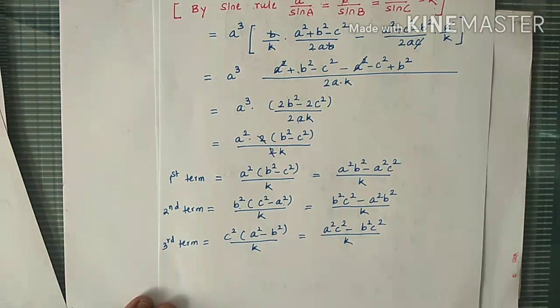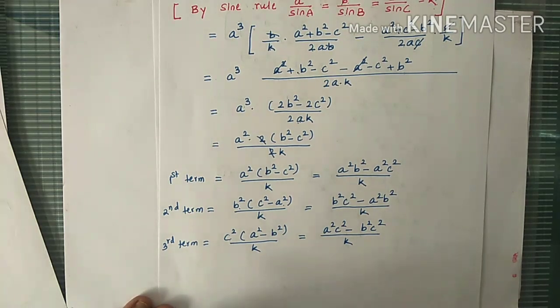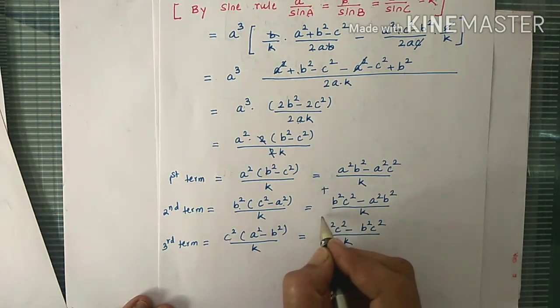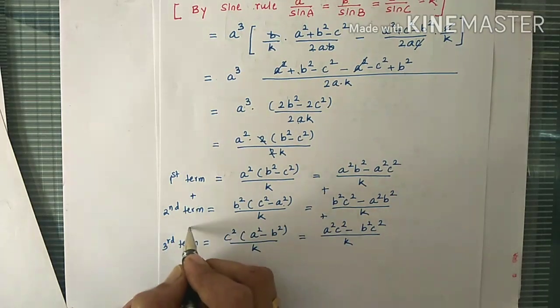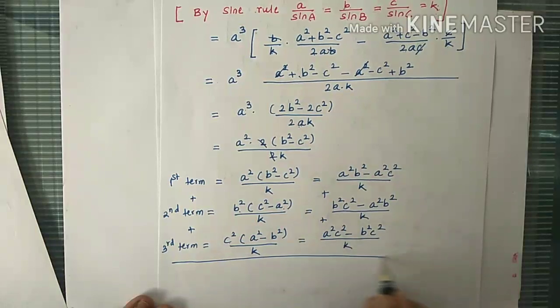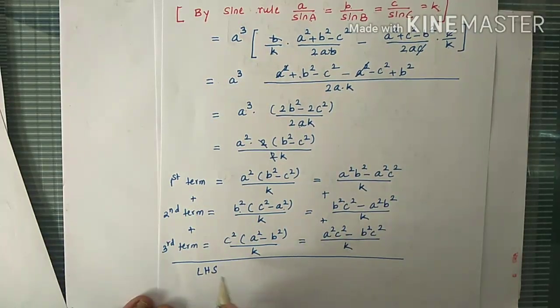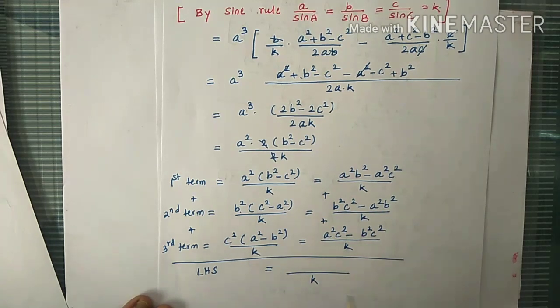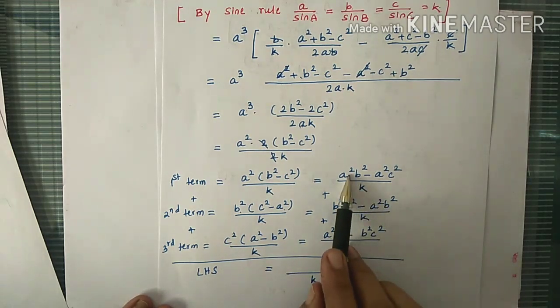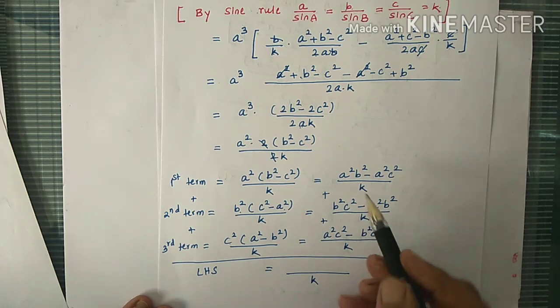In the statement that we have to prove, we have addition of these three terms. So if we add these terms now, we get the left hand side. Left hand side is addition of these three terms. Now let's check. Denominator is K. Here we have A square B square and here we have minus A square B square.